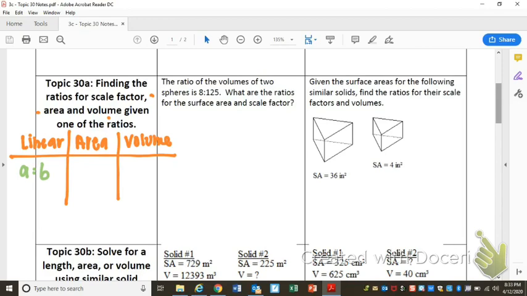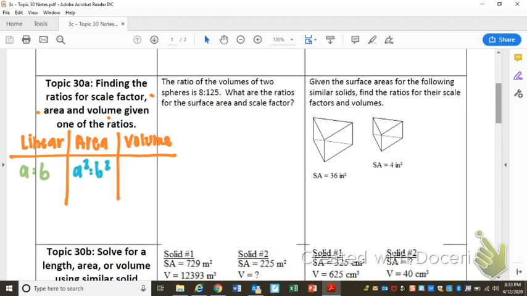But when we're looking at area, we start comparing two different things, maybe like the base and the height. So we're multiplying two things together. And whenever we do area, on our units, we always have a squared with it. So our area is always going to be the a squared to b squared.